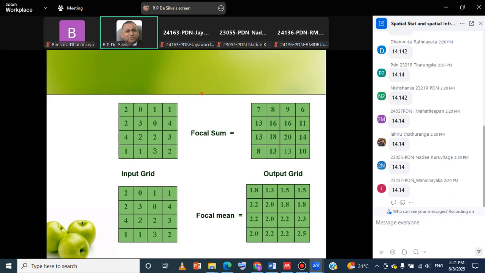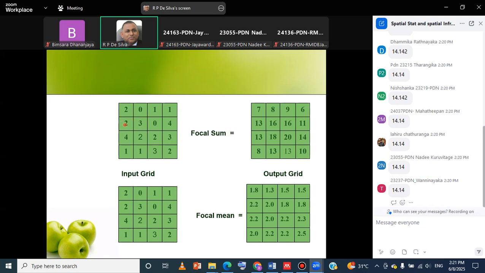Right. When you go to the boundary, you cannot find all 3 by 3 area, because if you take this particular cell, first cell, you don't have 8 cells around. You have only 3 cells. This is a neighbor, this is a neighbor, and this is a neighbor.